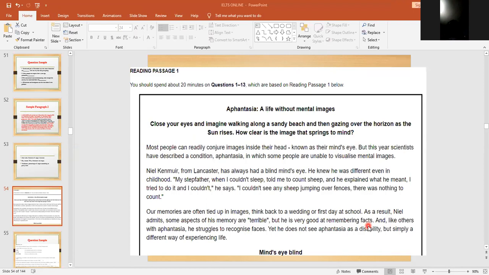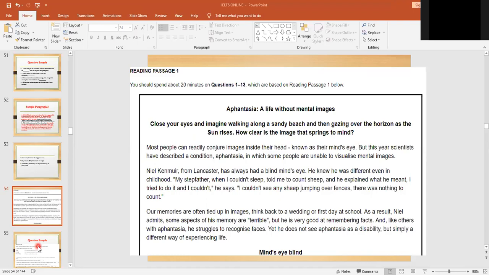So this passage is about mind imaging. Some people can imagine, some people cannot imagine. Whatever question you are asked, if you are able to break it down into that, you can quickly race into the breakdown you have done to quickly locate where the question is, instead of reading and reading all over again.